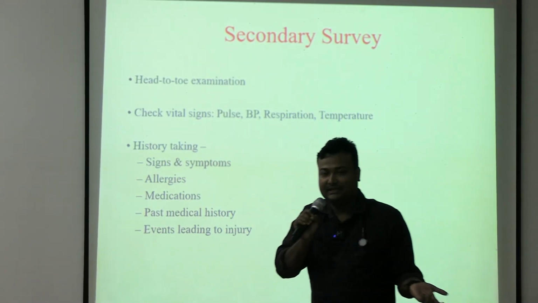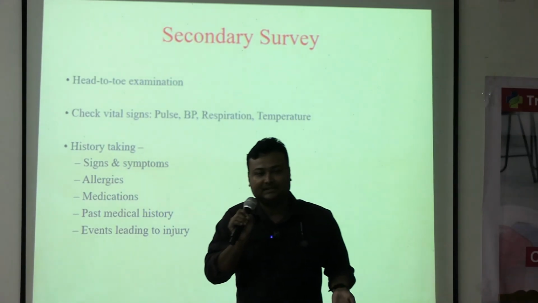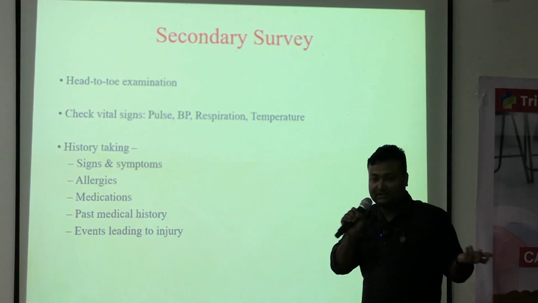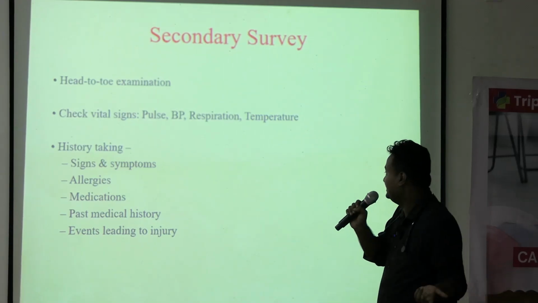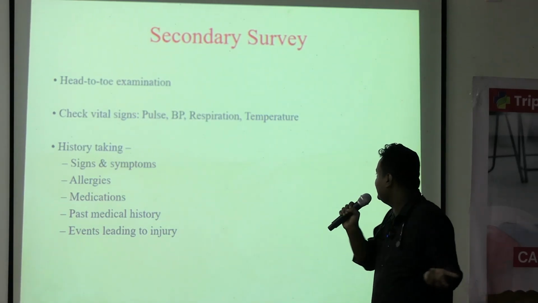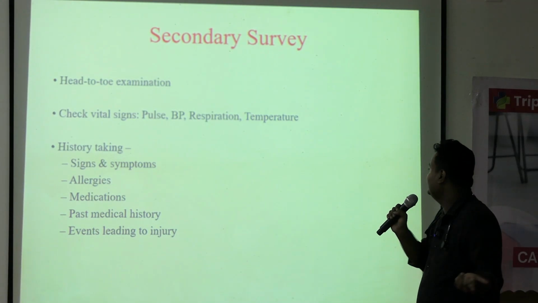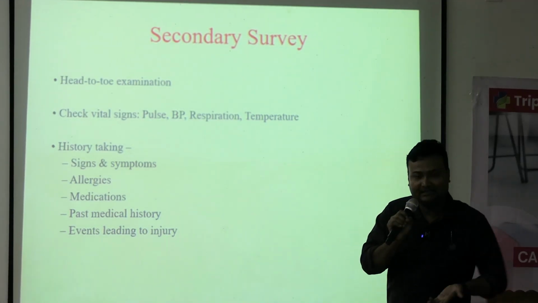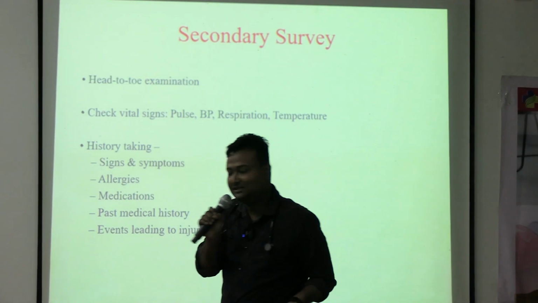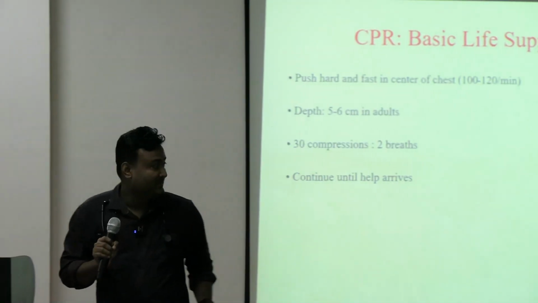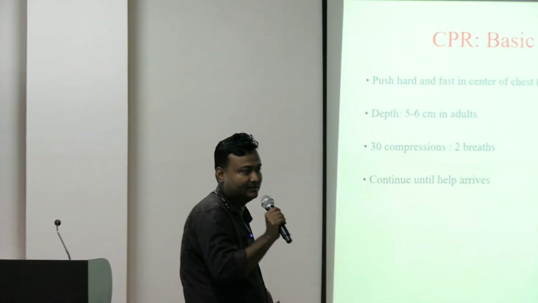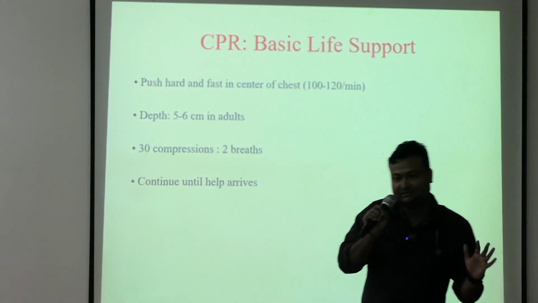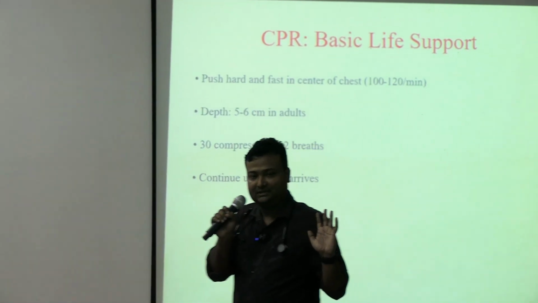In the secondary survey, we examine the patient from head to toe for any sort of injury. We may take blood pressure, pulse rate, respiratory rate, temperature, then any signs, allergies, medication history, and any other medical history. Any clinical examination will come in the secondary survey. The primary survey is always ABC.